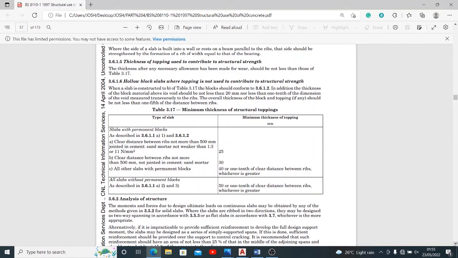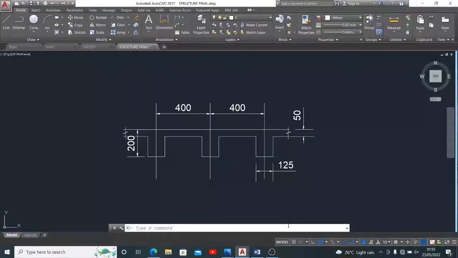So it has no permanent blocks in our application. So we are having something like this to be a rib slab. So we are having voids in between the ribs, and that means we are not applying permanent blocks, so it is without permanent block.